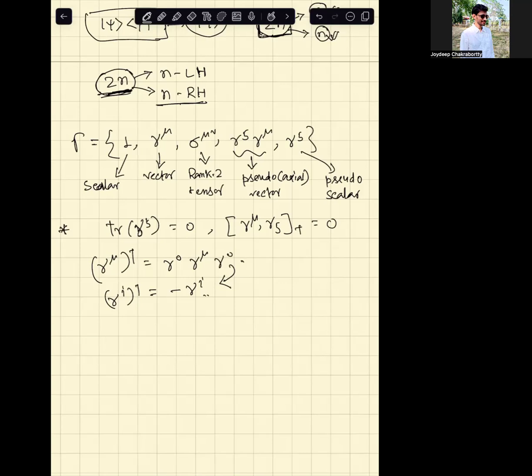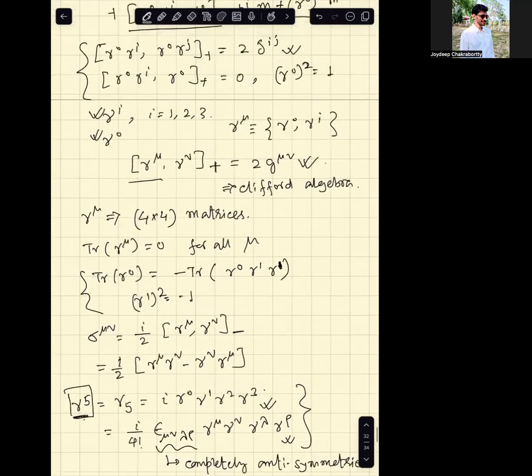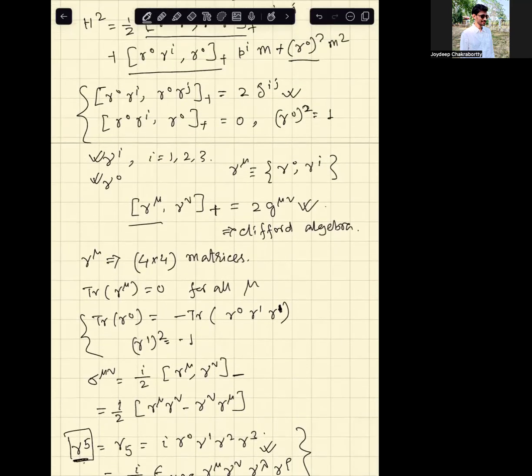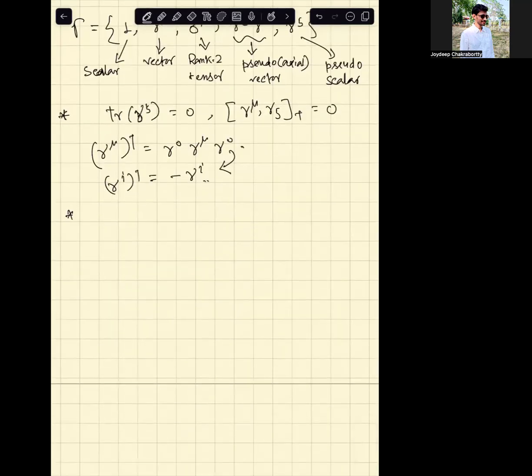So now we are ready to write down our Dirac equation. Another point: the g mu nu, if you remember, is the metric in the Clifford algebra space, so that we can use it to raise and lower the indices. For example, gamma mu you can write down as g mu nu gamma nu. These are sufficient information, and whenever I use the symbol a slash, this implies gamma mu a mu.